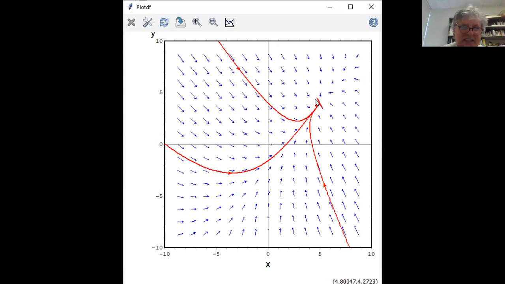We actually see there's some funny things happening near there. I think that's because step sizes are really small, so maybe we're dividing by a really small number, so we're getting some artifact. But it looks like not only is that 5, 4 an equilibrium solution, but it's a stable equilibrium solution. So all solutions go towards there.